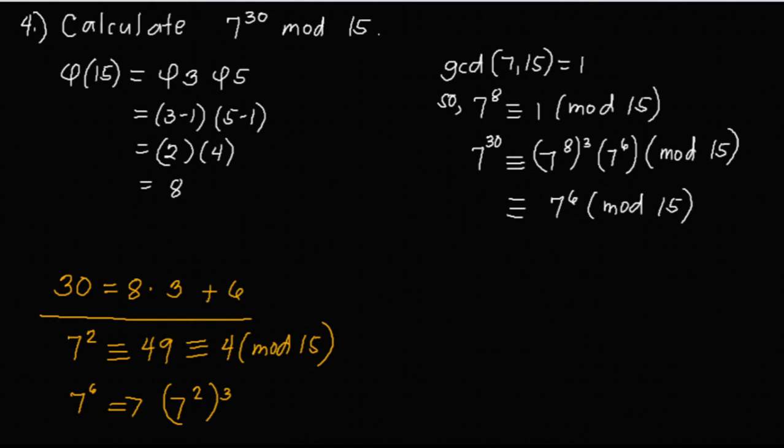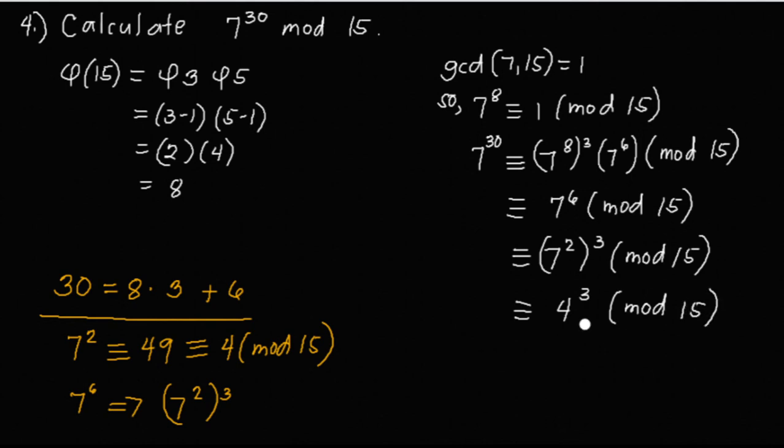So, we have here 7 raised to 2 raised to 3 mod 15. And since 7 raised to 2 will give a remainder of 4, that will be 4 raised to 3 and then mod 15. 4 raised to 3 is equal to 64.